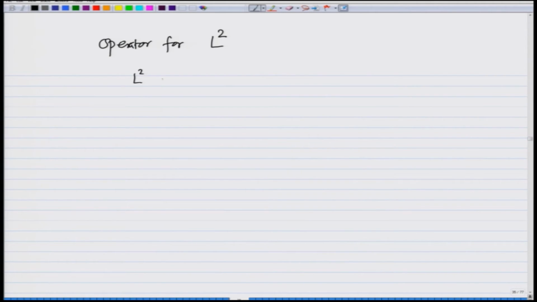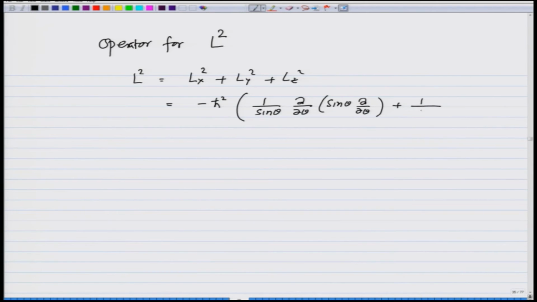So, L square is going to be Lx square plus Ly square plus Lz square, and I can substitute all that I calculated earlier, and you will see that this will come out to be minus ħ square times 1 over sin theta d by d theta sin theta d by d theta plus 1 over sin square theta double derivative with respect to phi. This is what L square is.